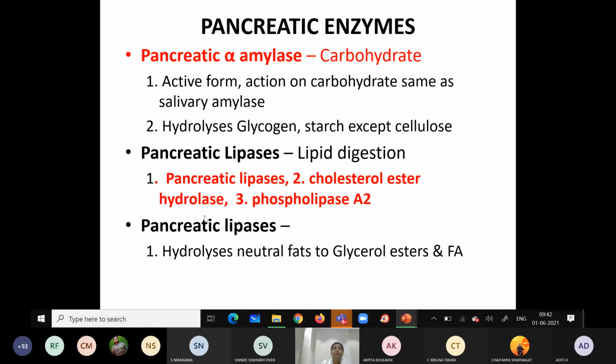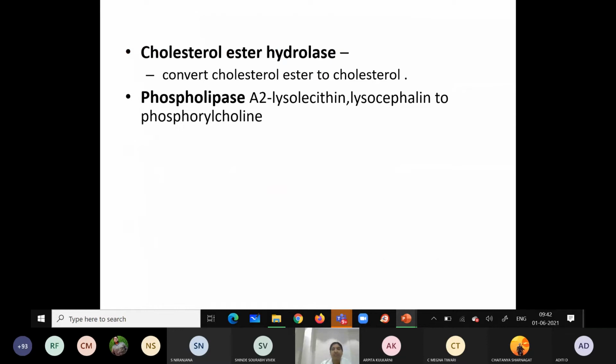Then, hydrolysis: pancreatic lipase acts exclusively on neutral fats. It digests them into glycerol and free fatty acids, whereas cholesterol ester hydrolase acts only on cholesterol esters to form cholesterol.